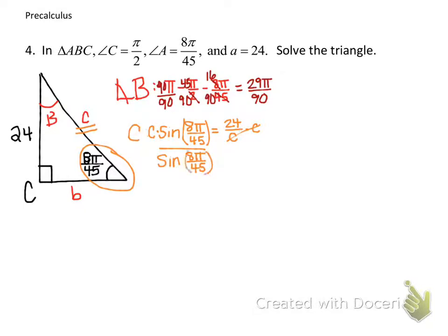Sorry, my handwriting is a little messy. So this cancels, and we're going to have 24 over sine of 8 pi over 45. You can plug it in your calculator just like that in radian mode, which is about 45.290.